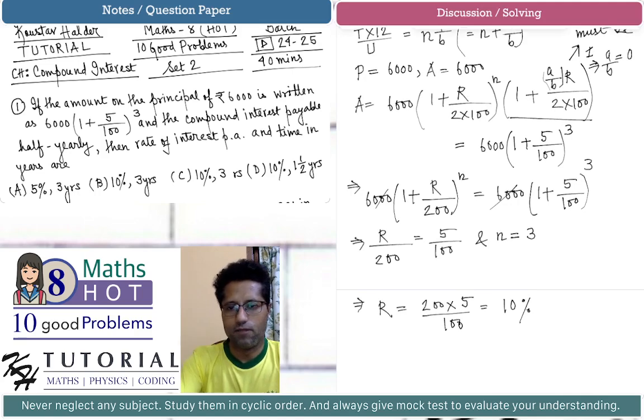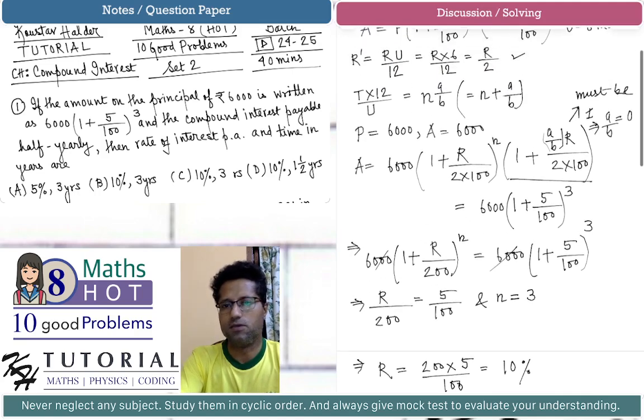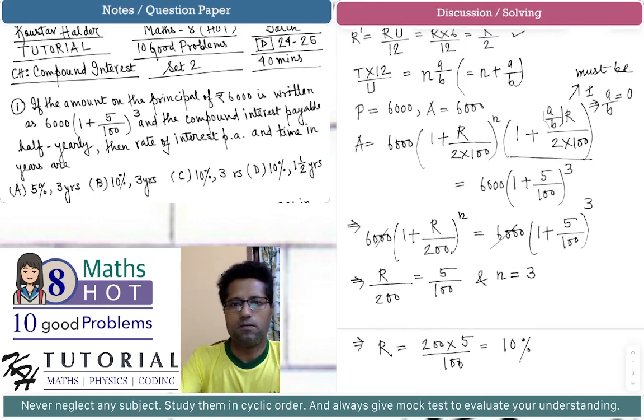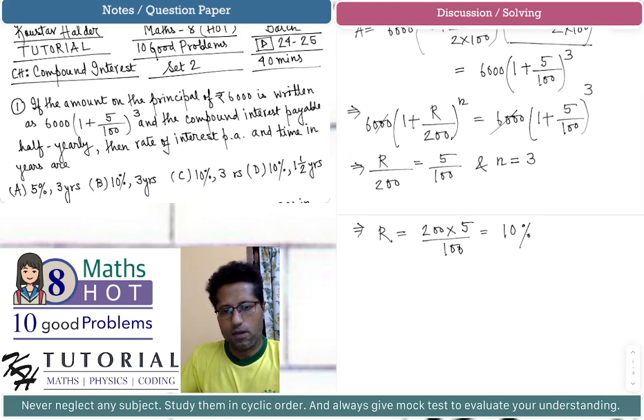Now remember, if n is 3 and the fraction a by b is 0, then t multiplied by 12 divided by u must be equal to n and a by b. This is equal to n, which we have found to be 3, and the fraction is 0.